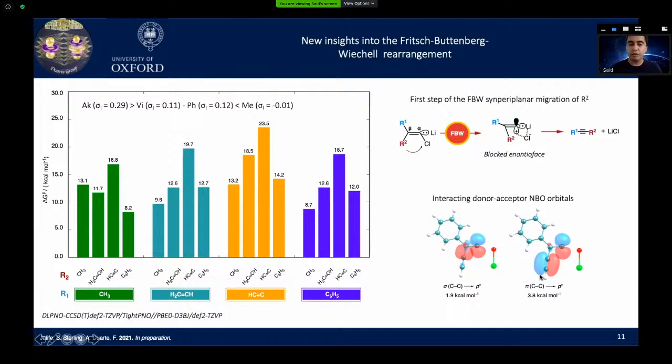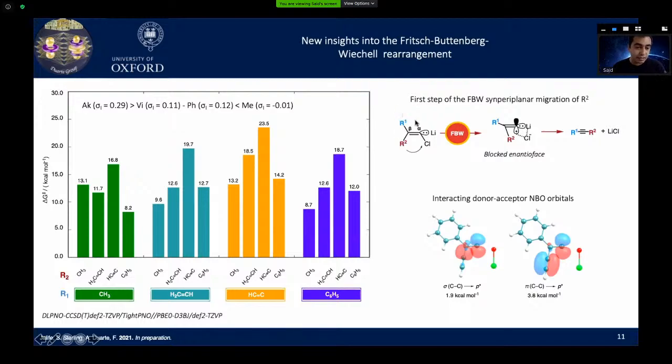Actually, we can see here that the alkene group shows the higher barriers in all the cases, and then it drops for the vinyl or phenyl, which can be quite competitive in some cases. We need to consider here that these barriers also include some conformational changes. And lower barriers are shown for the methyl group, which has a more electron donor character.